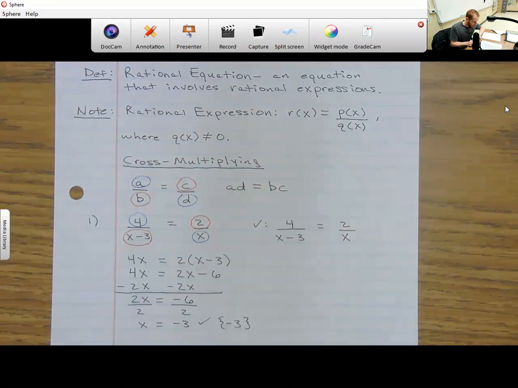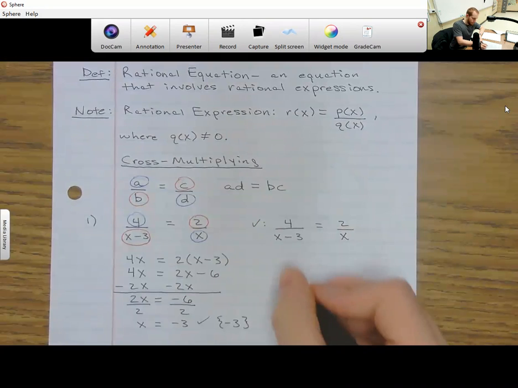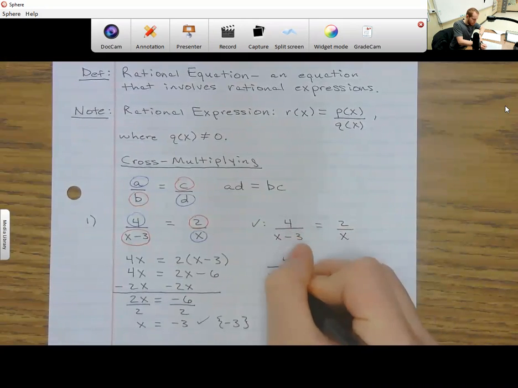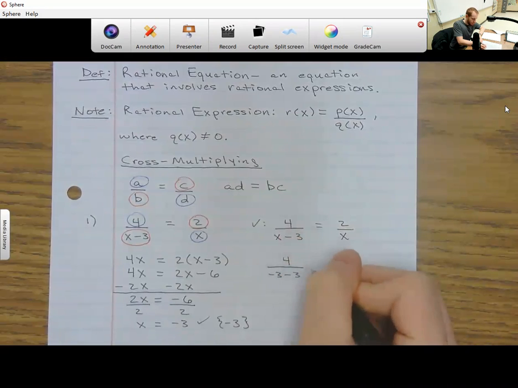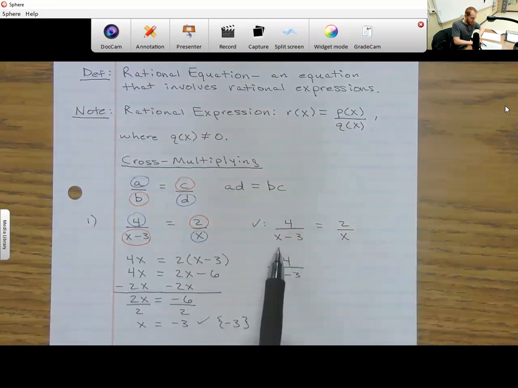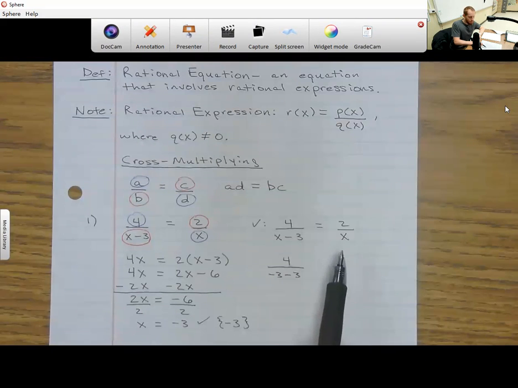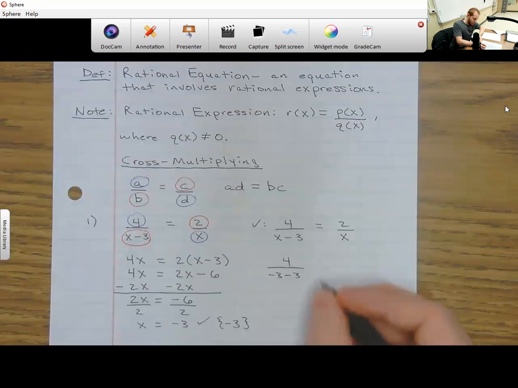Okay, so I'm going to replace every single x I see with a negative 3. So I'm going to get 4 over negative 3 minus 3, right? I've replaced this x with a negative 3. And then over here, I'm going to replace this x with a negative 3.